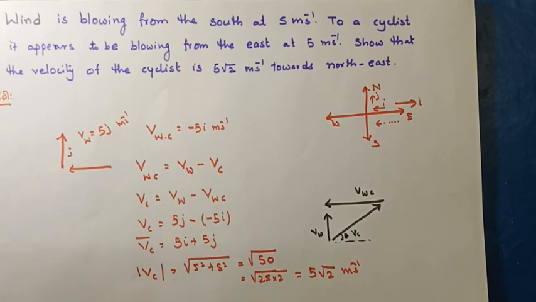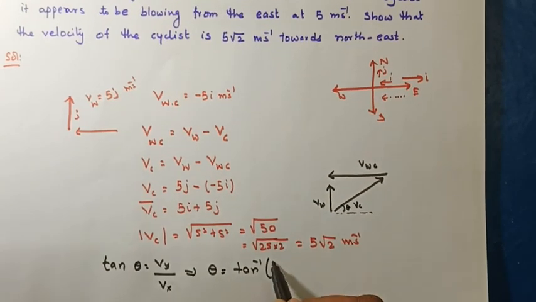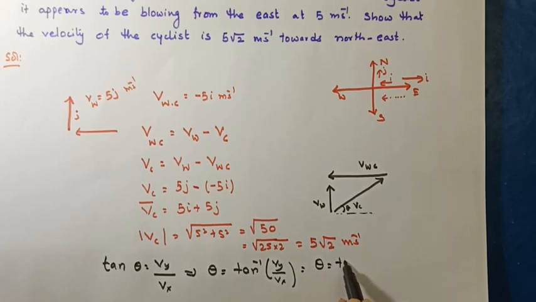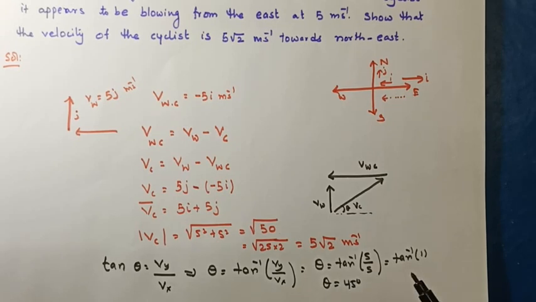Now how to write theta? Tan theta is equal to Vy by Vx. So theta is equal to tan inverse of Vy by Vx. The Vy component is 5 and the Vx component is 5. So tan inverse of 1, theta is equal to 45 degrees from x-axis.